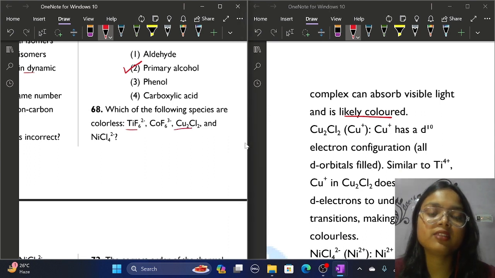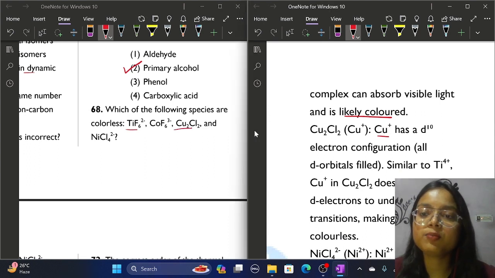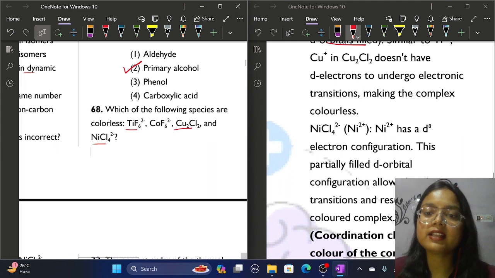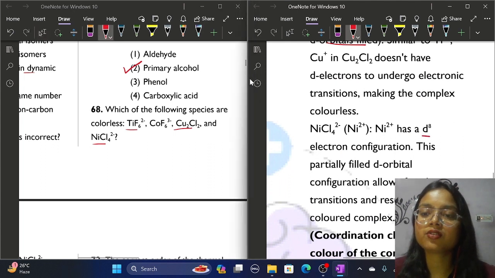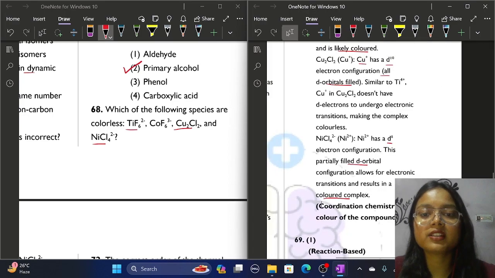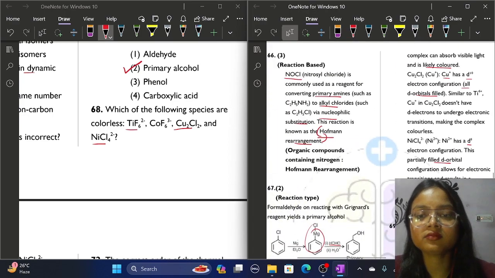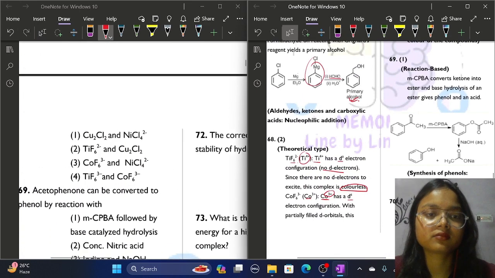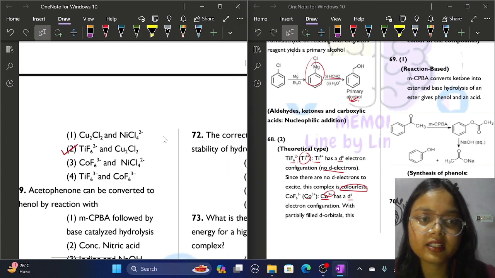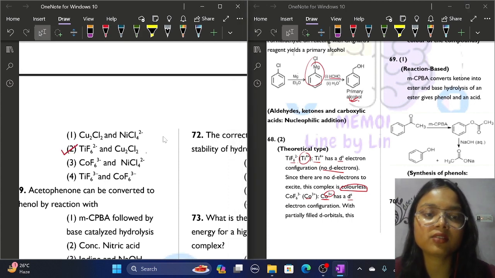For the next compound Cu2Cl2, the Cu+ has d10 electrons and it has all the d orbitals filled. Similarly, NiCl4 2-, it has 8 electrons, which means this is partially filled. So what is the correct option? The correct option is the second, which is TiF6 2- and Cu2Cl2.